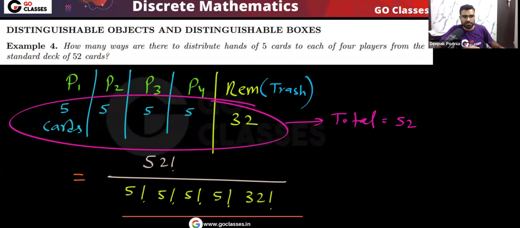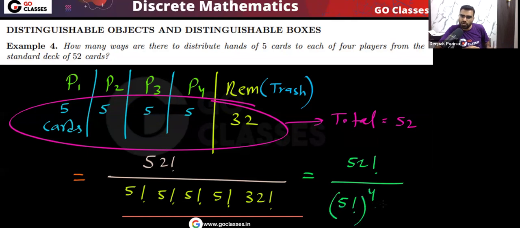This will be your answer. So the answer will be 52 factorial divided by 5 factorial to the power 4 times 32 factorial. Very simple. I hope you understood.